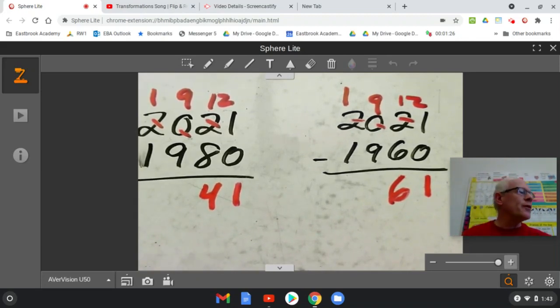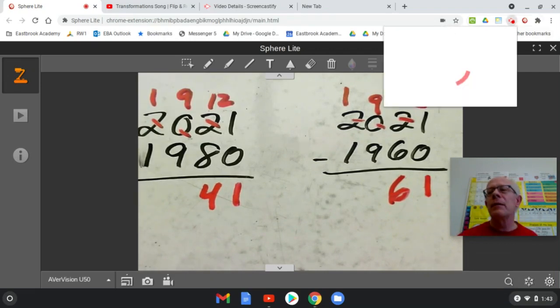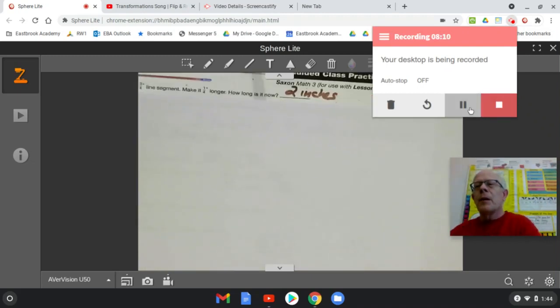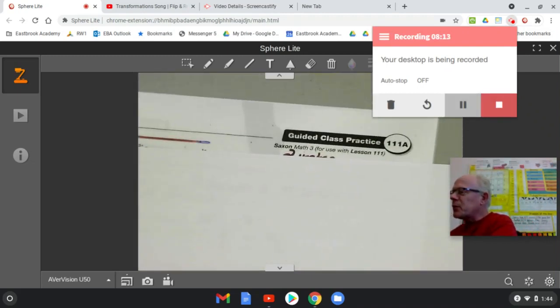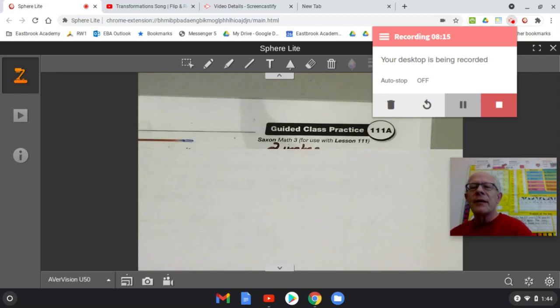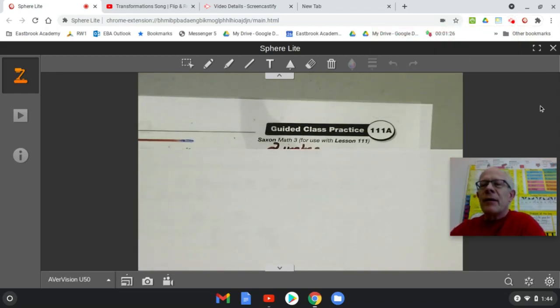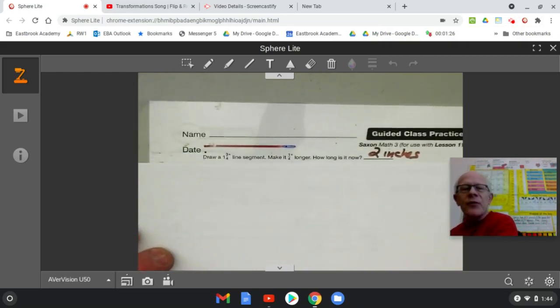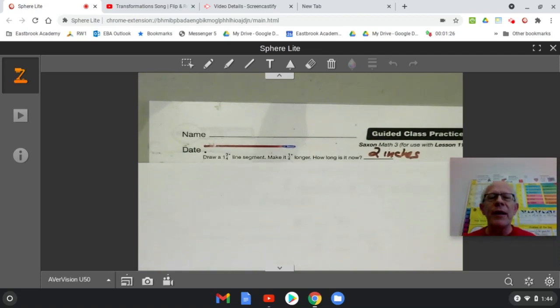Our worksheet is going to be, let me just pull it out here. Okay, your worksheet is going to be worksheet 111-A, side A. And for the first one, you're going to need your ruler. So it says draw a 1 3/4 inch line segment. So that's what I did.